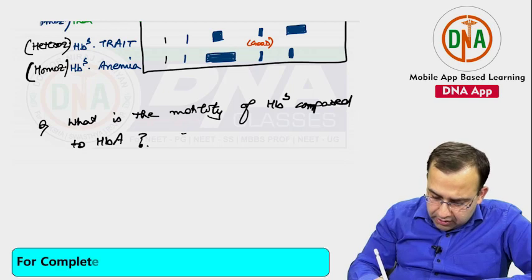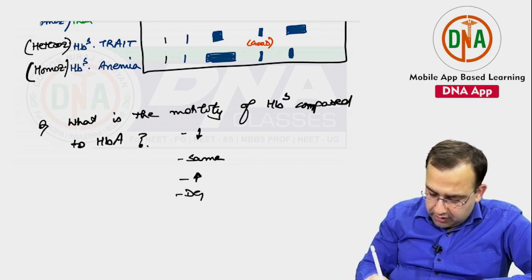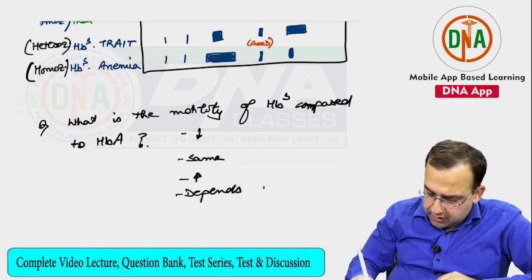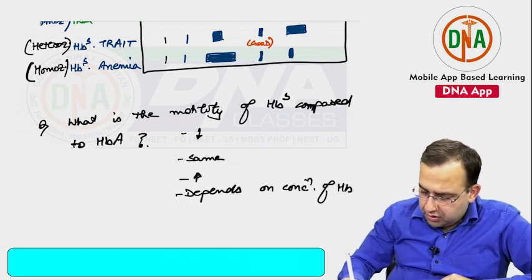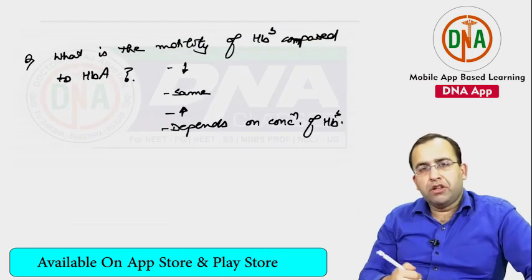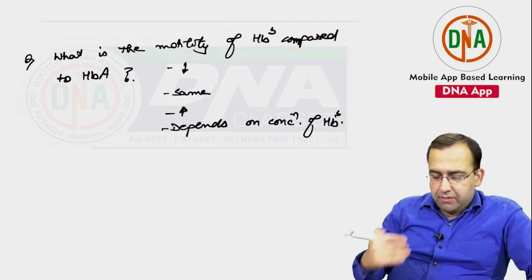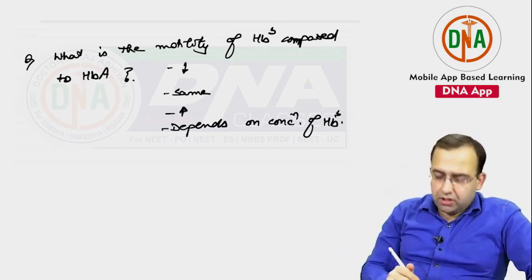Your options are reduced, same, increased, or depends on concentration of HbS. Answer. In my live classes, sometimes I get the answer as depends on concentration.